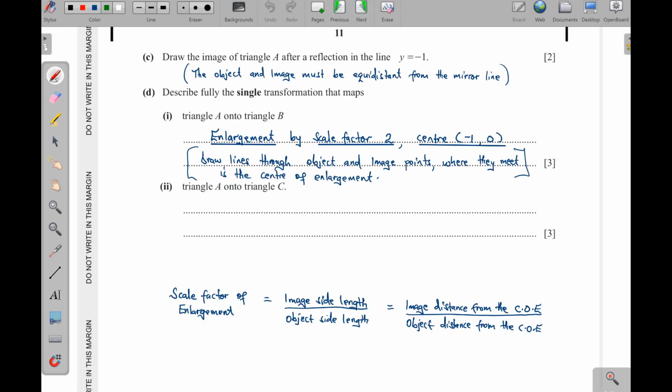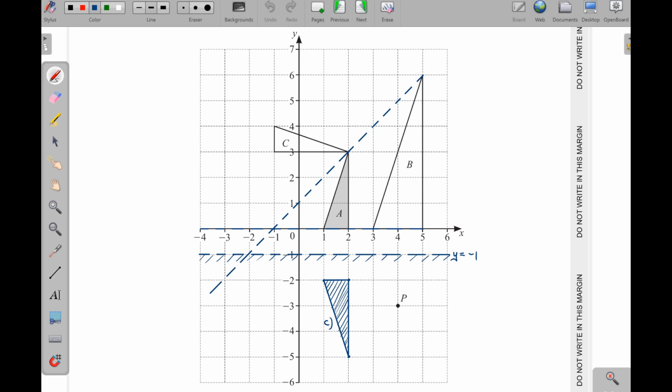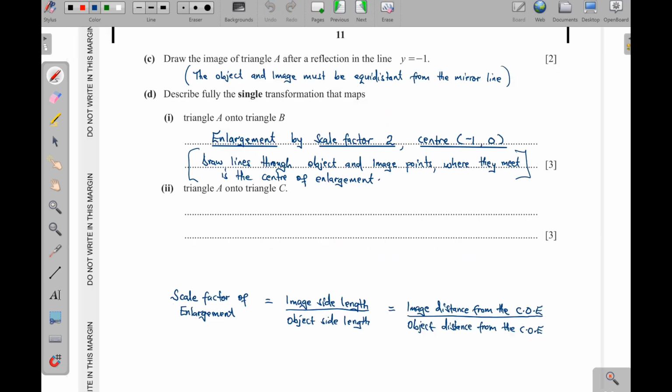Then Roman 2, we have triangle A onto triangle C. A onto C, we have already seen this is what? Rotation. So I will write here rotation through, you have to give the angle. Through what? 90 degrees or what? Clockwise, anti-clockwise.